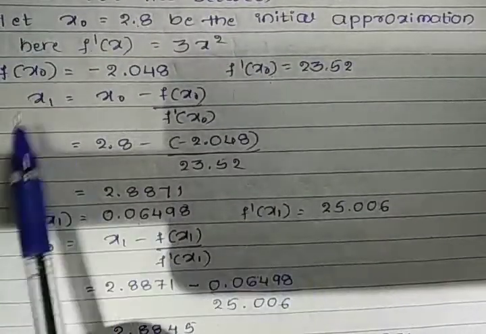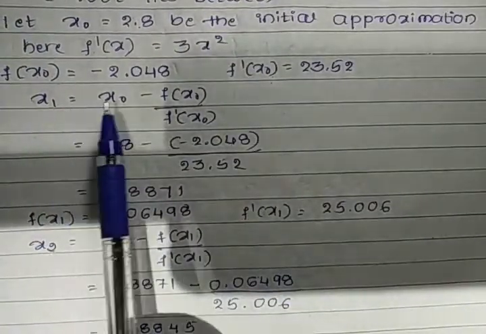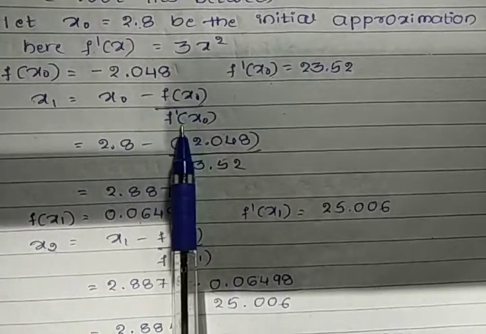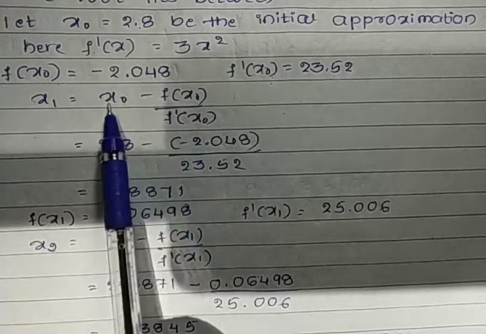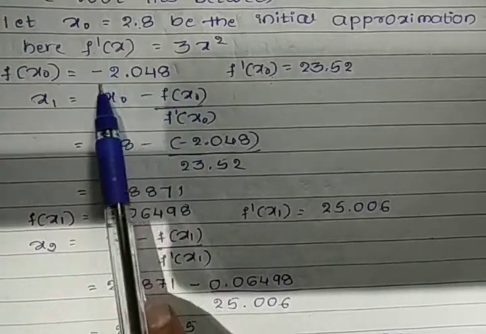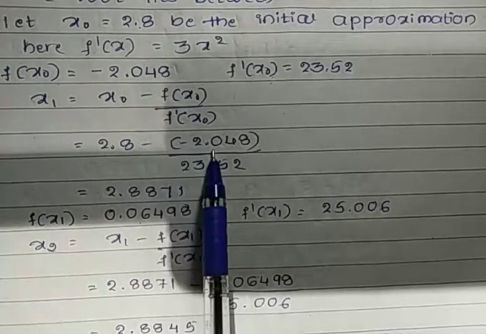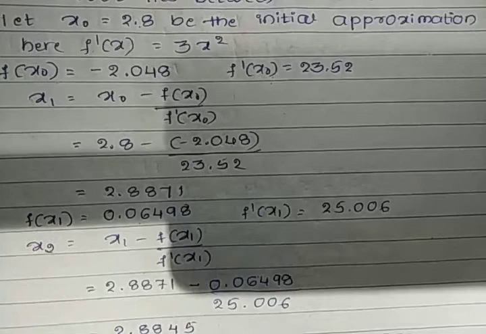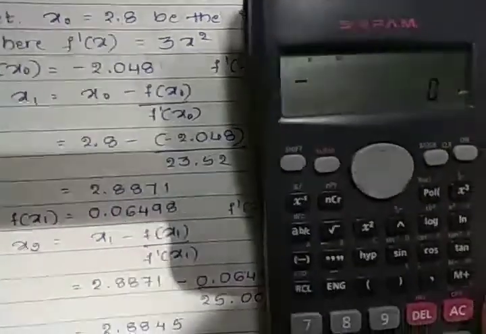So substitute it in the formula, that is x1 is equal to x naught minus f of x naught divided by f dash of x naught. The x naught value is 2.8, f of x naught is minus 2.048, f dash of x naught is 23.52. If we simplify this, then what can we observe?